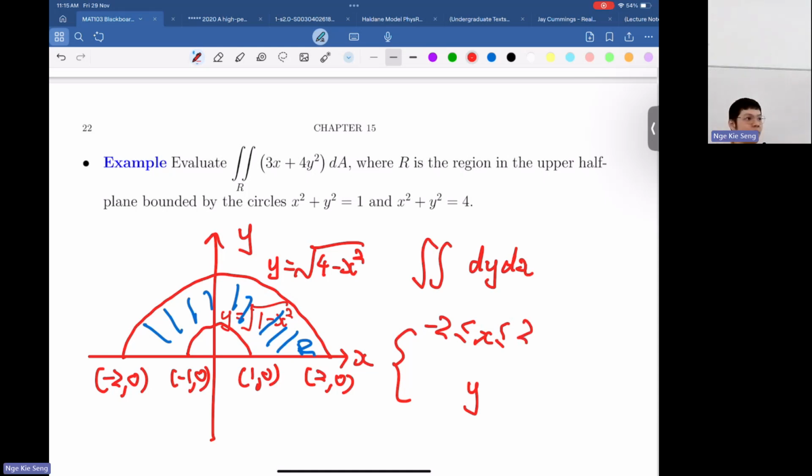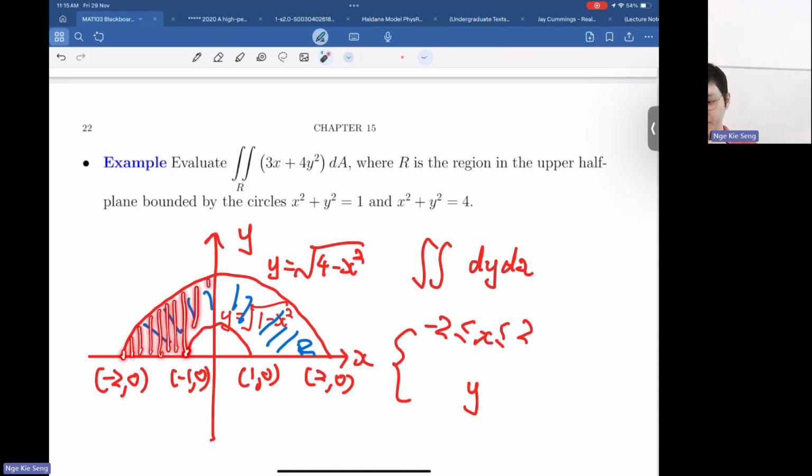Okay, how do we determine our y? You look at how y changes if you fix one x. If you fix x equals -2, there's only one y here, and then when you move along, the y will increase. But when x equals -1, the lower bound of y changes.